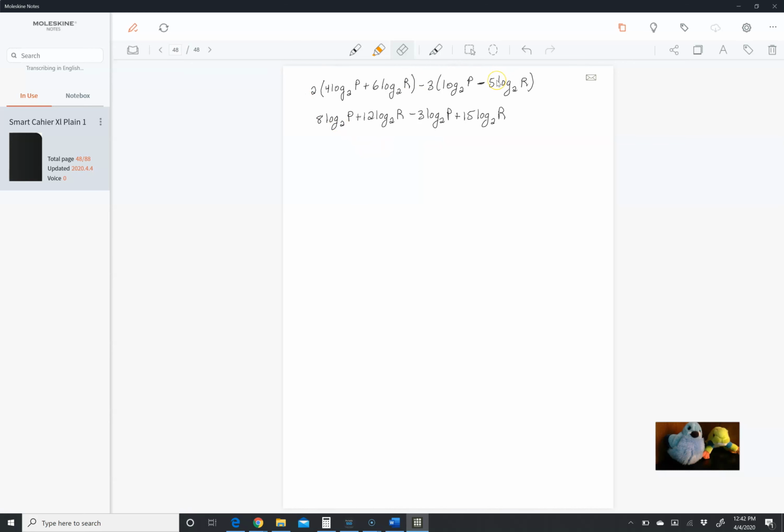So we get rid of parentheses first, then we combine like terms. So 8 log base 2 of p minus 3 log base 2 of p is 5 log base 2 of p. And then 12 and 15 is 27 log base 2 of r. We take our coefficients and we make them exponents.